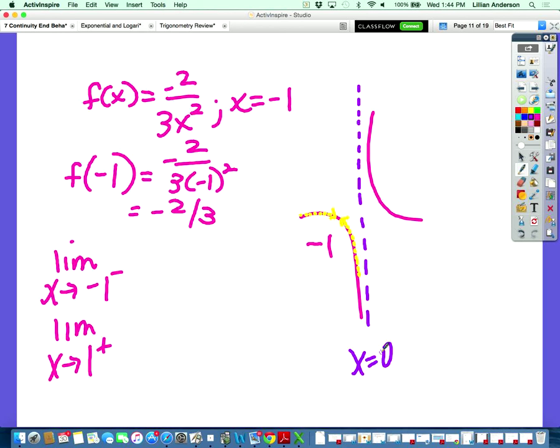And no matter what, whenever I come from the left and from the right, I'm approaching the same number. So number 1 was continuous. So you didn't need to do step 2 or 3, because if you did, you would see that they both would be -2/3, and everything would have equaled. Now if it said x was 0, then you wouldn't even have gotten past the first step.